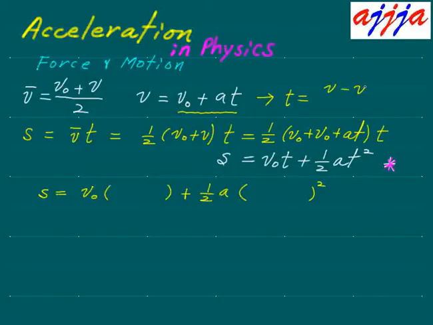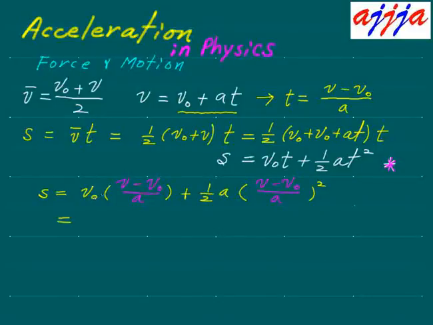That means v minus v0 divided by a. I'm going to plug this one right there. Now this one is going to be v minus v0 over a. What about this one? Same thing, v minus v0 over a.